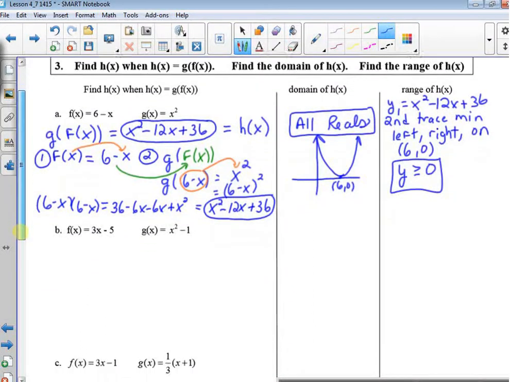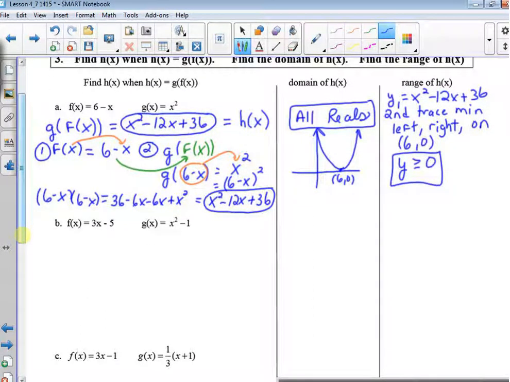On the next one, I have the same thing. I'm looking for g of f of x. So write that out. I'm going to start with f of x again. Write the rule, and then remember I'm just replacing what's next to the f in parentheses into the x.